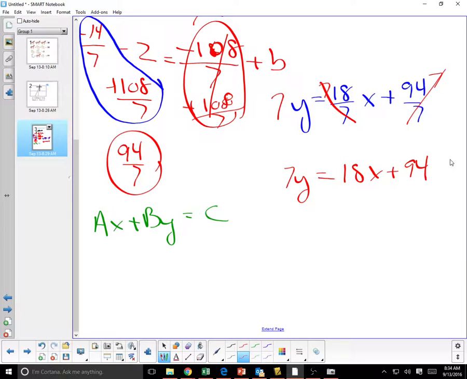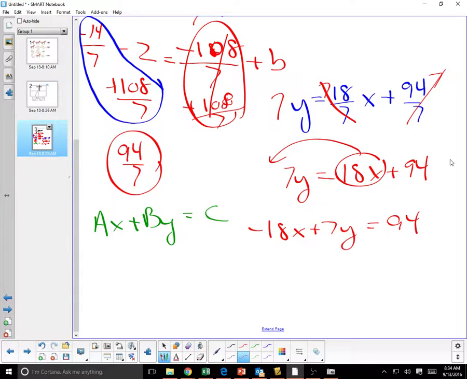Okay? We're pretty close, aren't we? What's missing on the left side? Josh? The x, right? So I'm going to do something called change side, change sign. I'm just going to pick all that up and bring it over to this side. That means it becomes negative 18x plus 7y equals 94.